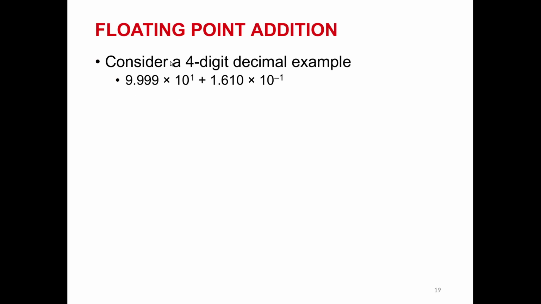We have two operands, 9.999 by 10 power 1 plus 1.610 by 10 power minus 1. If you look into this, you can see that both of them start with a digit, and then the fraction follows. So 9 point something, and here 1 point something. And this part is the exponent, 1 here and minus 1 here.